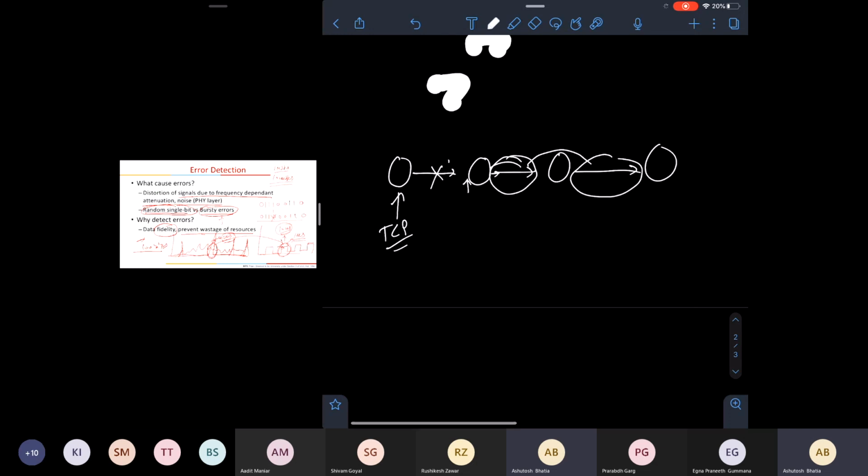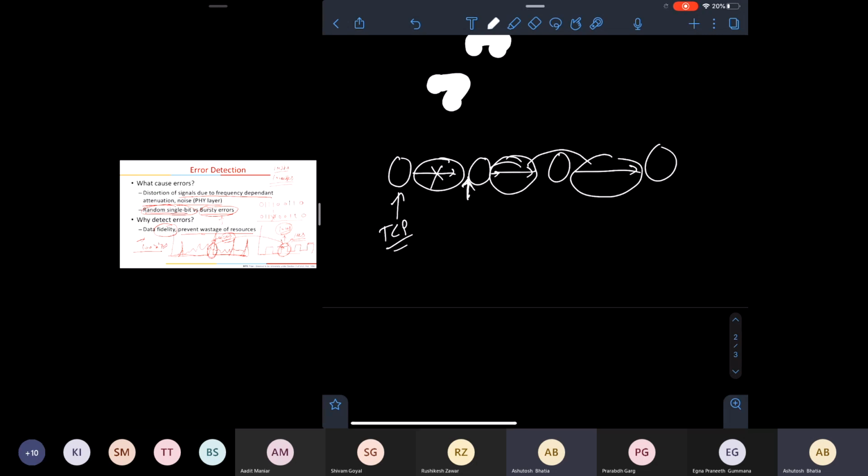But if you can detect here itself, then you can simply drop the packet here itself. I'm not talking about whether you can ask for retransmission at the link layer, but only detecting at the link layer. You are actually saving the bandwidth of further links by dropping the packet here itself, so that those link bandwidths are not wasted, correct?